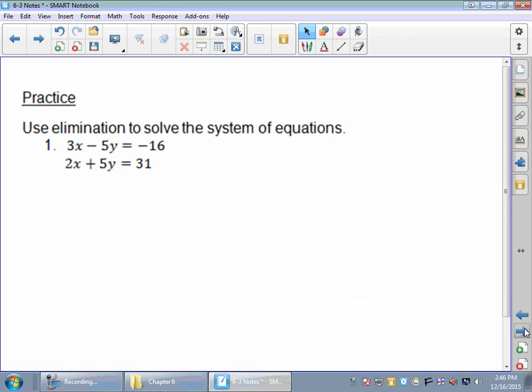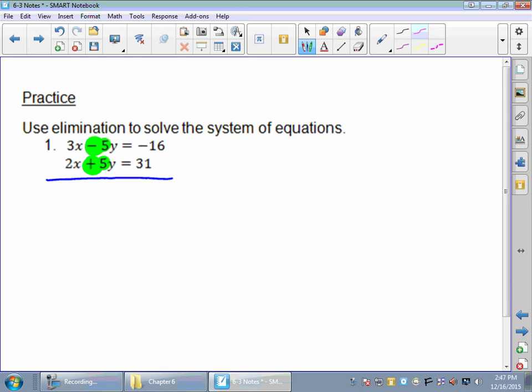So if you look here, we have common coefficients. Everything's lined up nicely. You have your x's and your y's lining up. And I notice that I have a common coefficient 5. So I'm going to try to make my y values eliminate. And if you look a little closer, they're already opposite signs. So we're good to go.